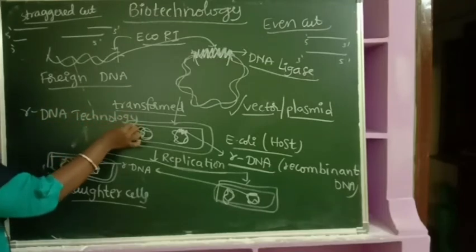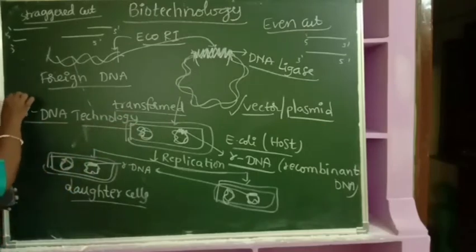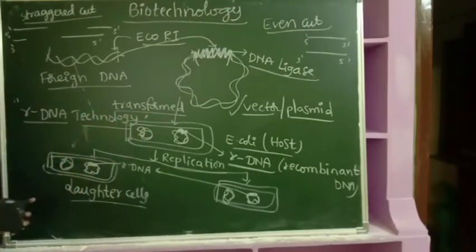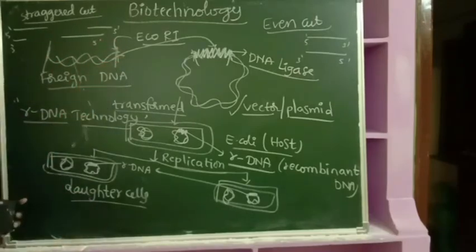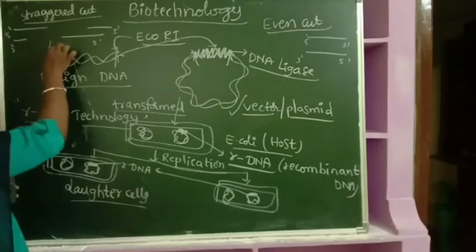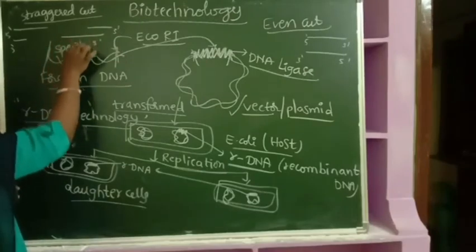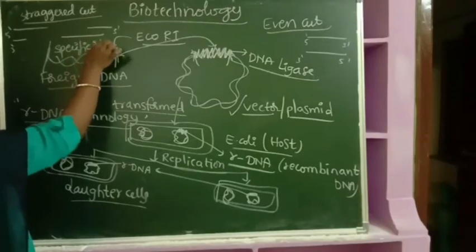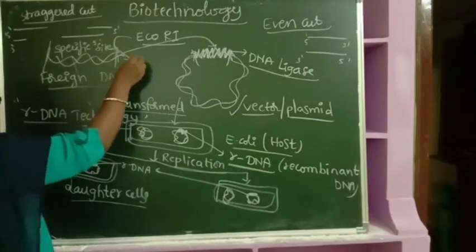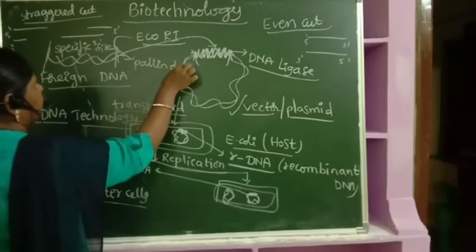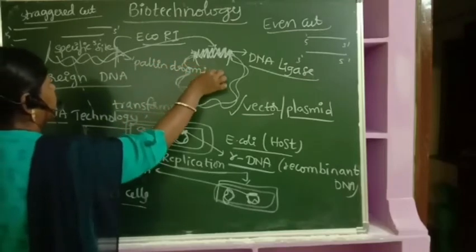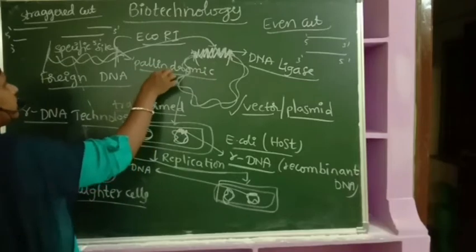But the most important thing here, if you want to go with recombinant DNA technology, the first and foremost important thing is we have to cut the foreign DNA, the alien DNA, at a specific site. This specific site that we find here is itself called a palindromic nucleotide sequence.